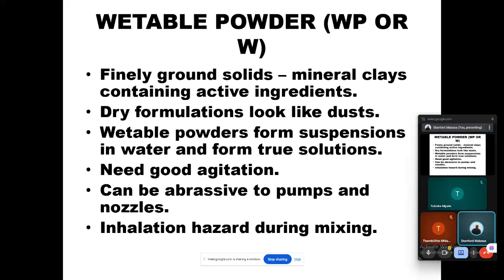You need thorough mixing. A disadvantage is that they can be abrasive to pumps and nozzles. The other one is that you really need a mask because there is an inhalation hazard during mixing. In fact, I don't like to work with wettable powder, WP or W, insecticides or herbicides, because the chances of getting contamination are very high.